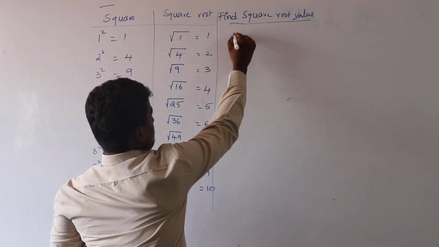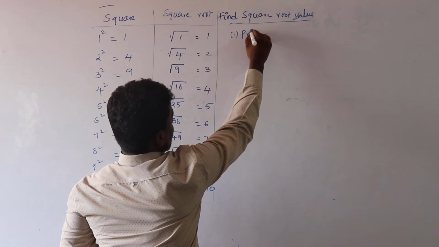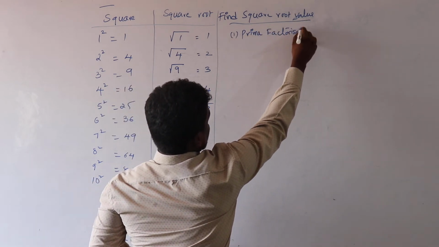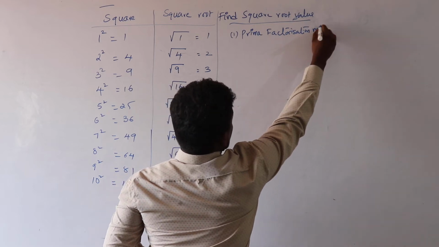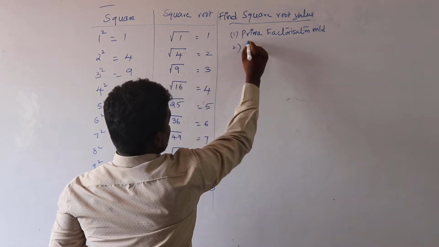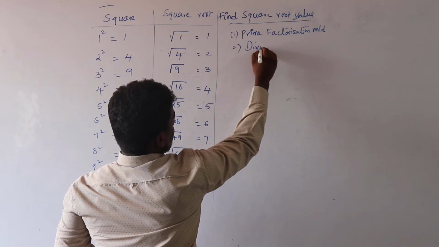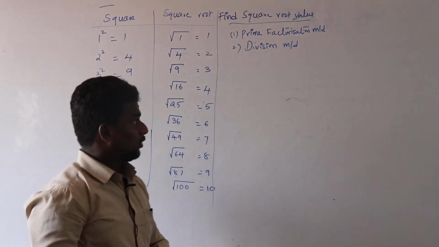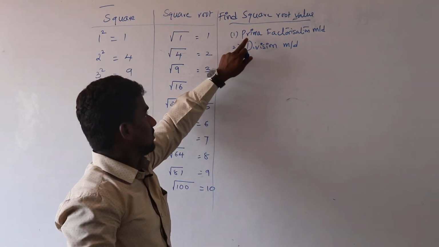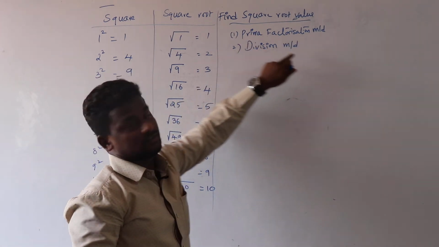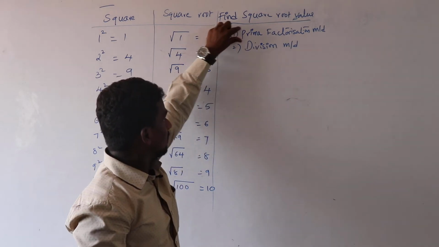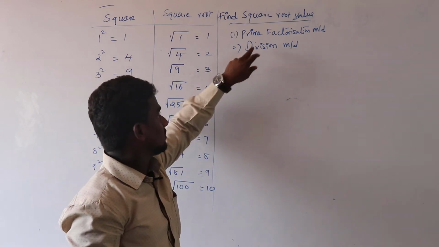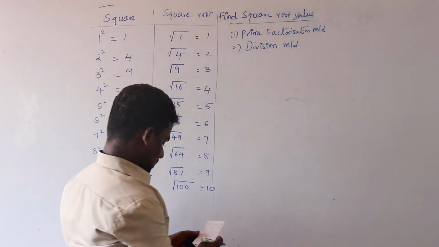The first method is the prime factorization method. The second one is the division method. In both methods we will get the same answer. Today we discuss only the prime factorization method. Next class we start with the division method.